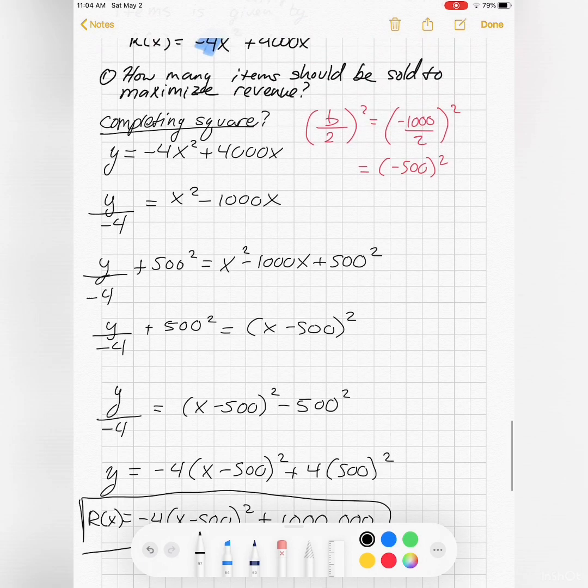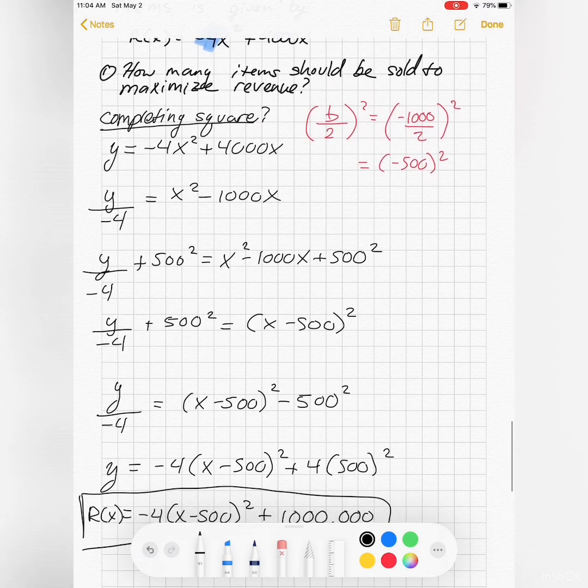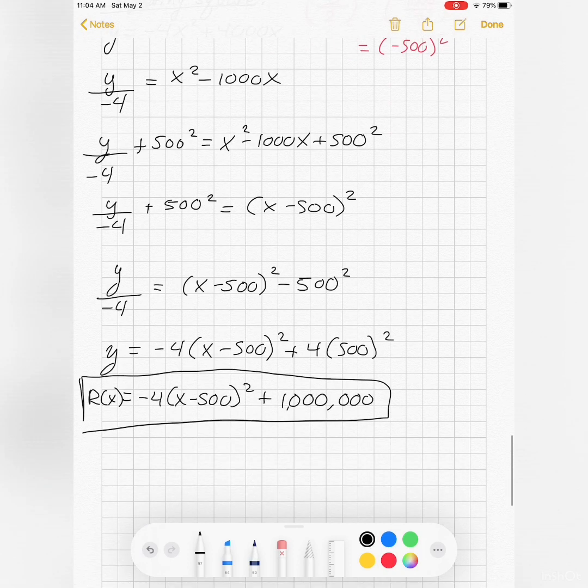So there's my standard form. So what was I supposed to answer? How many items should be sold to maximize the revenue? In other words, what is the X value? So the X would be 500. So 500 items to maximize the revenue.